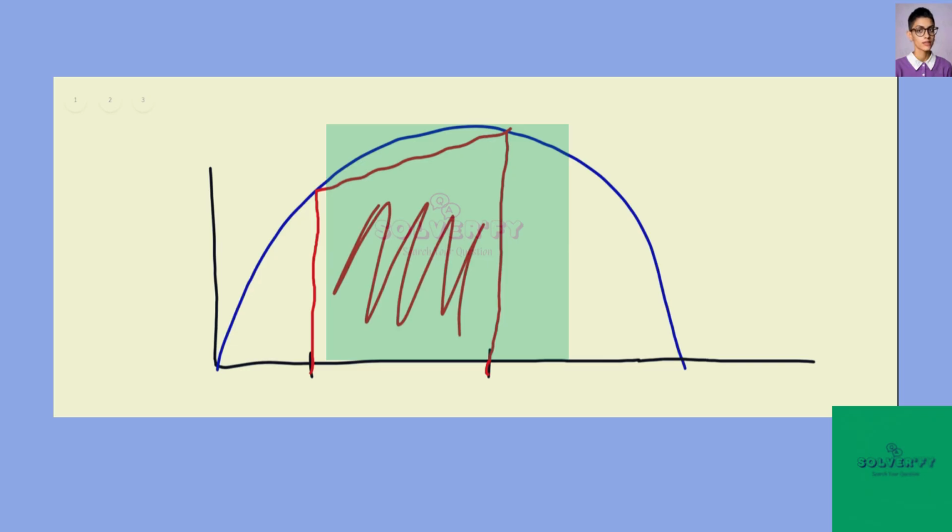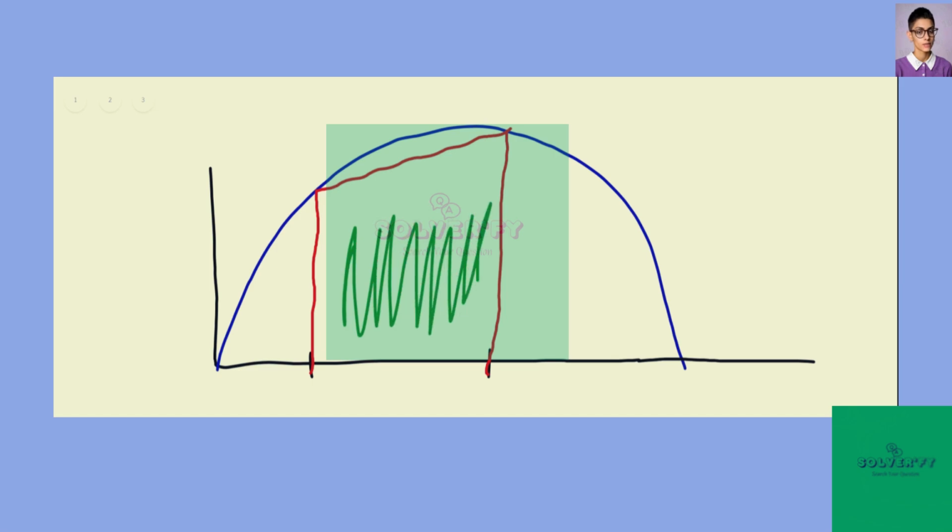I'll use a different color. So this is the area we estimate, but we're missing all of this black area. So if we consistently miss area under the curve, that means that the trapezoid underestimates.